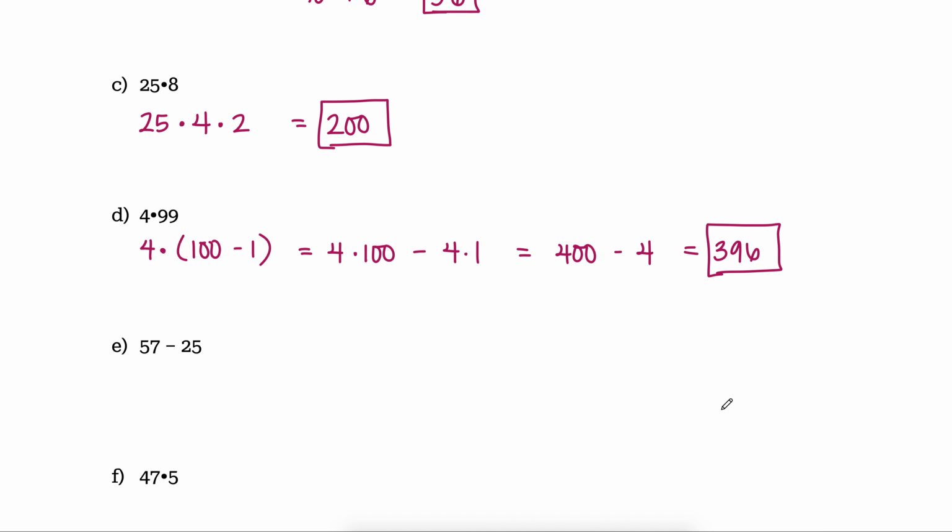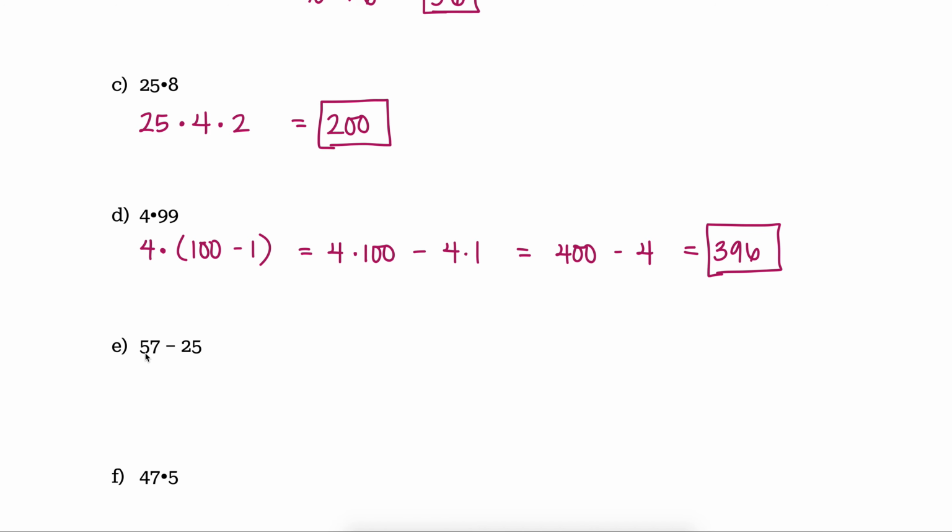With this next one, 57 minus 25, there's a couple different ways that you could approach this one. I'm going to show you a strategy where we're going to be breaking these down. Instead of 57, I'm going to think of this as a 50 and a 7, and then 25 as 20 and a 5. So I'm thinking of my tens place and my ones place. I'm separating these out by place values.